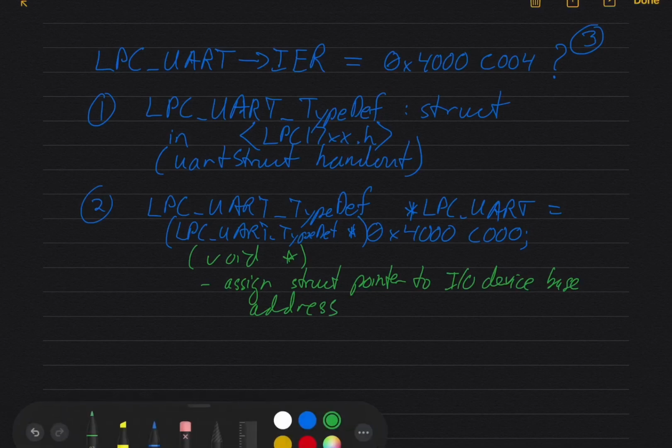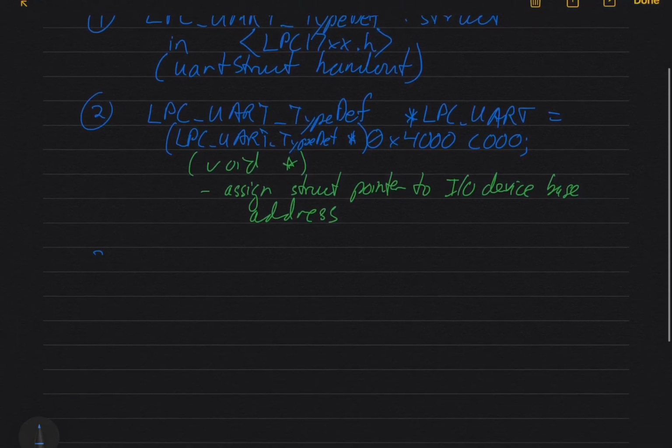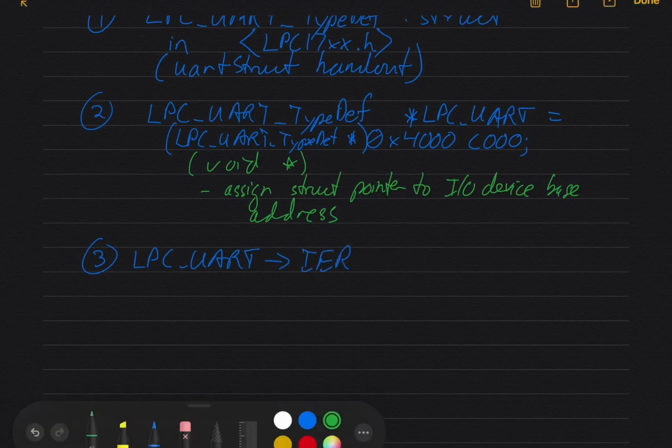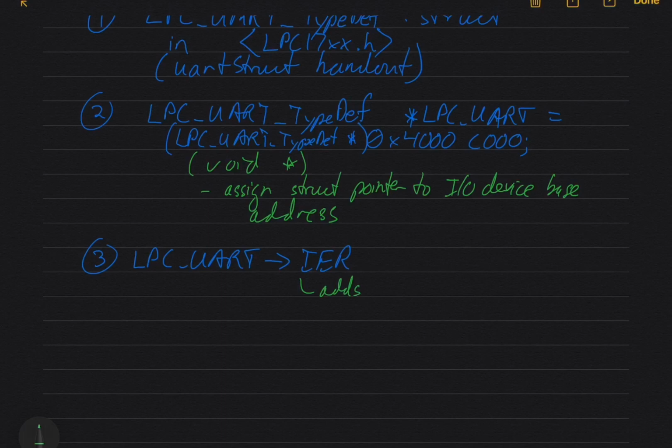And so then when we do something like this, LPC_UART arrow operator IER, this adds the IER byte offset.